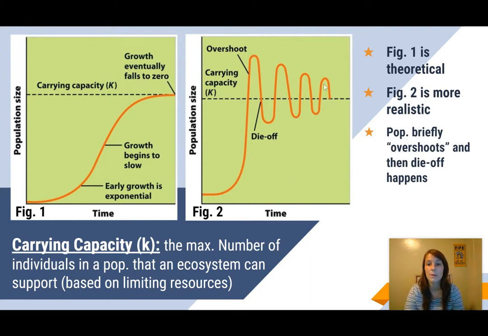And this is typically going to be more of a graph that you will see when we're looking at actual population numbers from the real world. So from these types, you have to estimate the carrying capacity, based on the middle area where it seems like an appropriate handling of that population number is going to be in the ecosystem. So it's often a little bit of an estimate based on what we're seeing with population numbers.